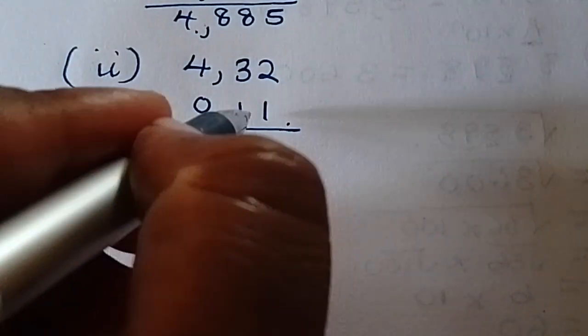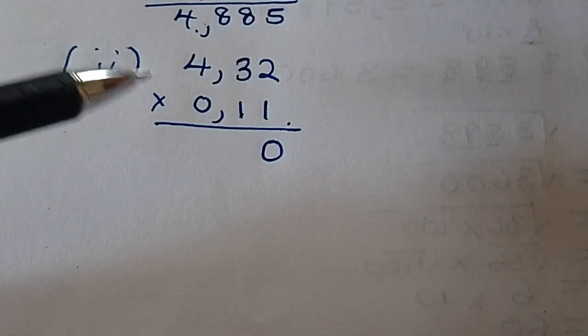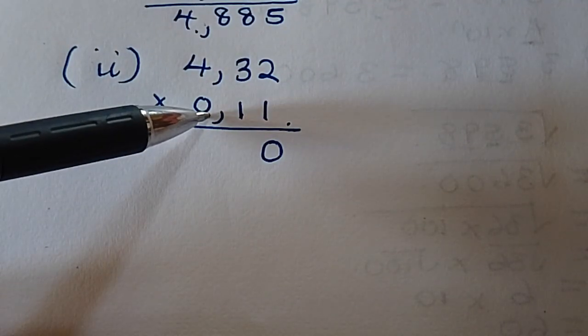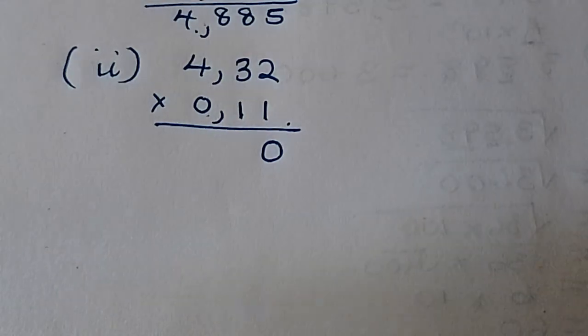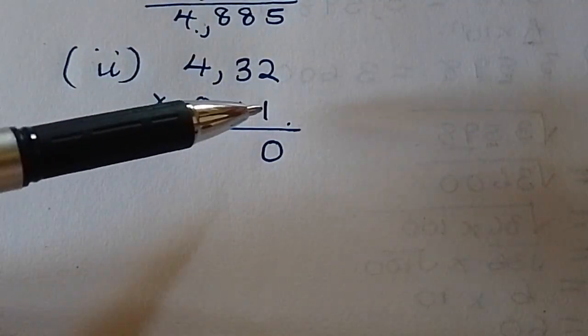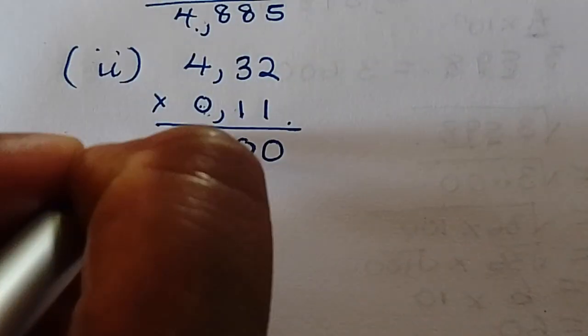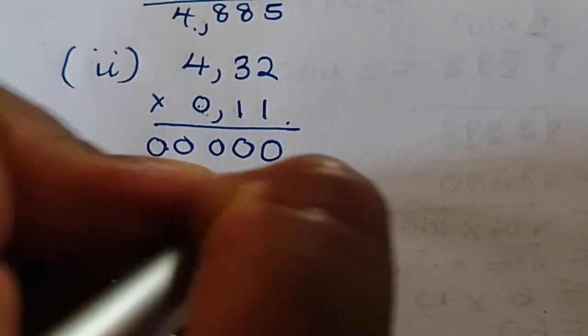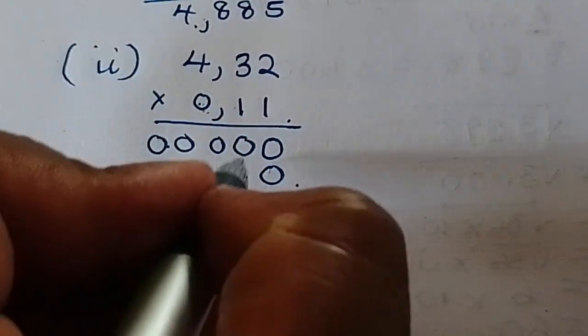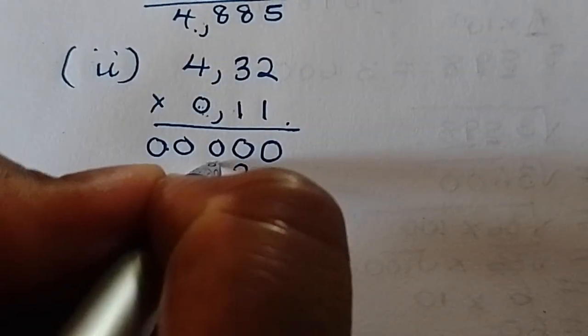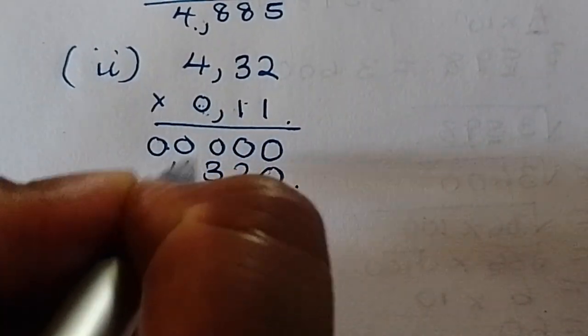Then part 2 requires us to multiply 4.32 times 0.11. The 0 is a placeholder there. So 2 zeros are placeholders. 1 times 2 is 2, times 3 is 3, times 4 is 4.